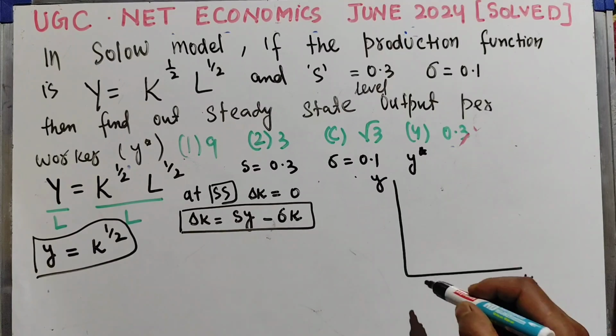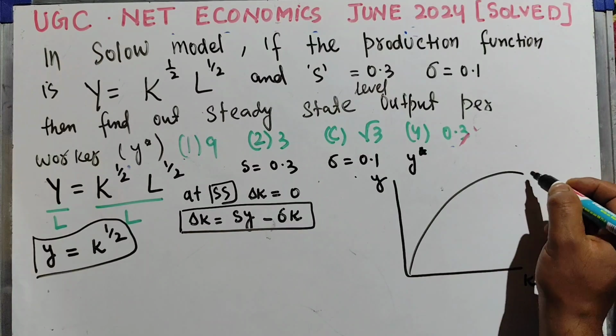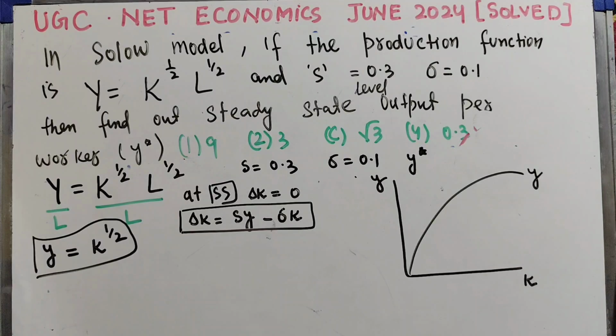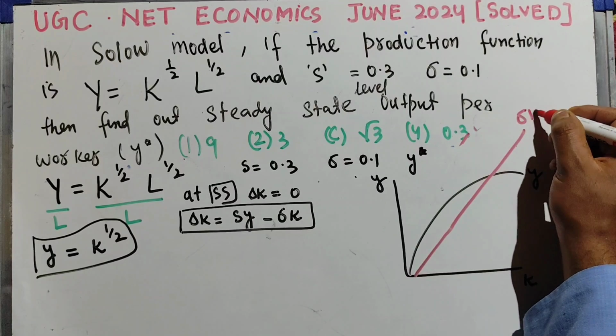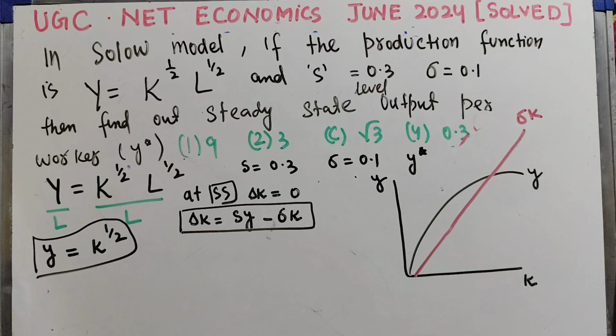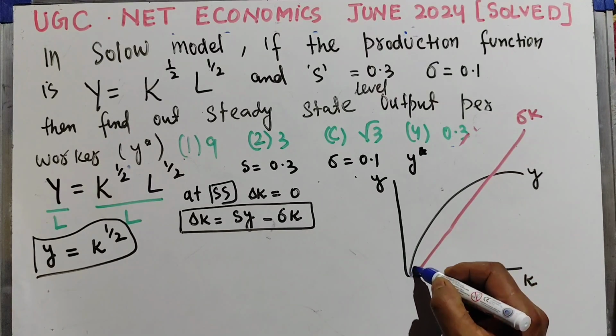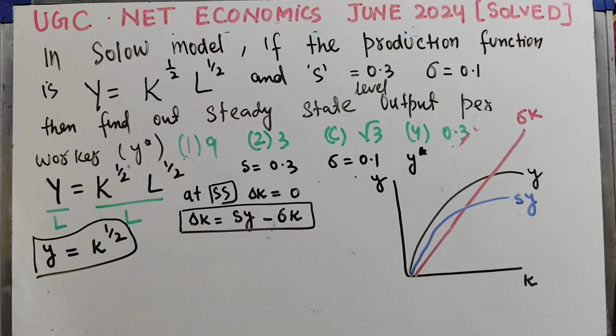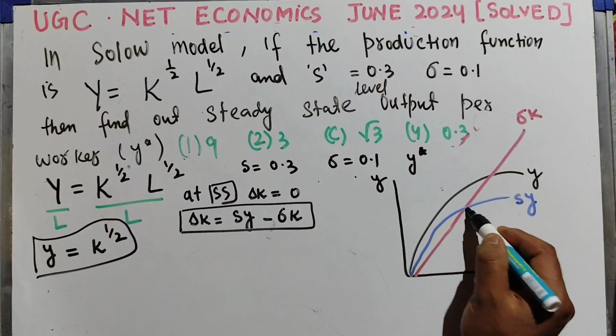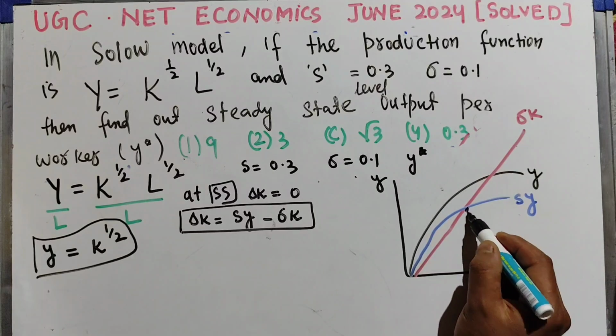And if I draw it here like this, let us say this is our output per worker function. Then we have the depreciation line, del k, and then we have the savings function, that is sf(k) or sy. What happens at steady state?